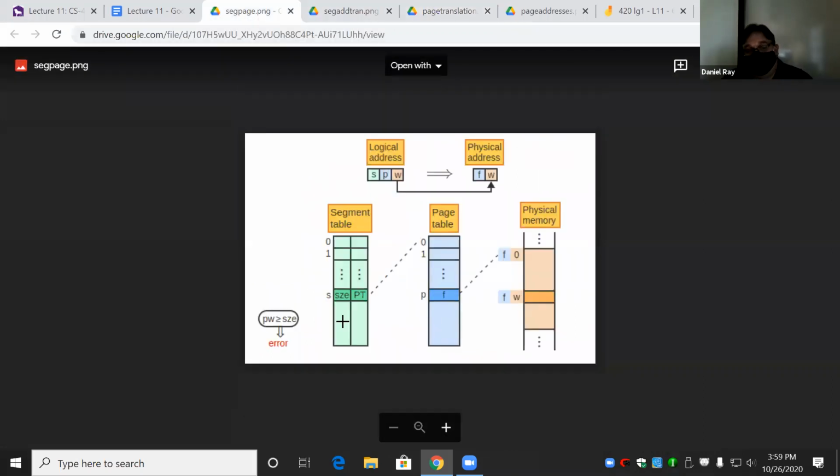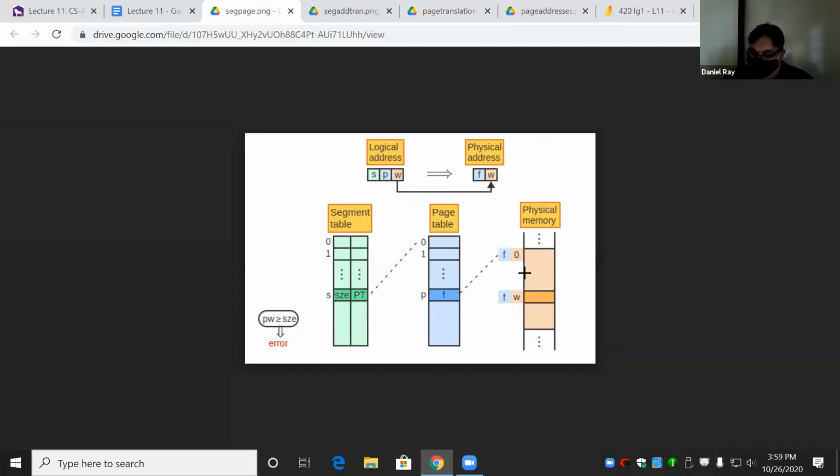Now we've got effectively two tables that we have to do lookups in before we are able to look up in physical memory, okay, the physical address. So paging and segmentation both double the number of memory accesses required, okay, whenever we're looking up memory. And together, this arrangement altogether triples the number of memory accesses that are required when I look up a memory address. Okay?